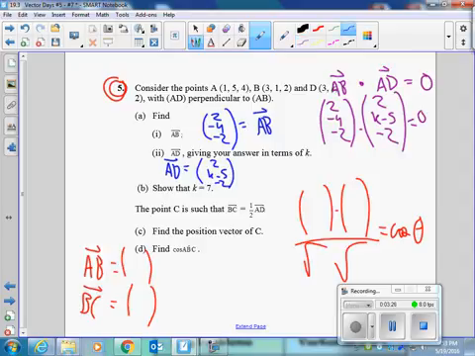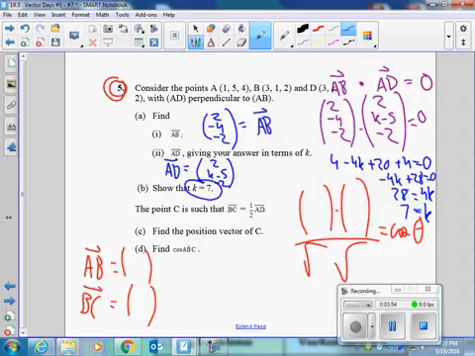So you get 4 minus 4K plus 20 plus 4 equals 0. 28 minus 4K equals 0. Well, I bet K is going to be 7. And that's what it was supposed to be.